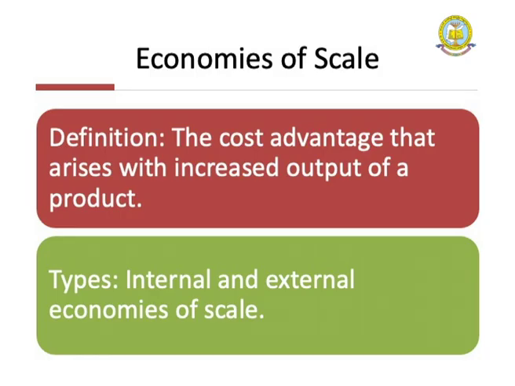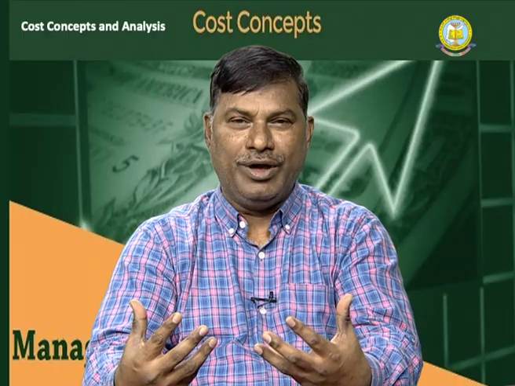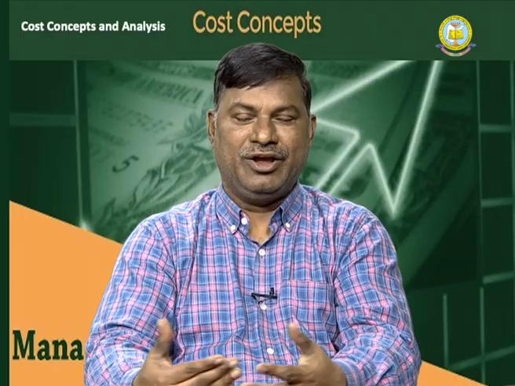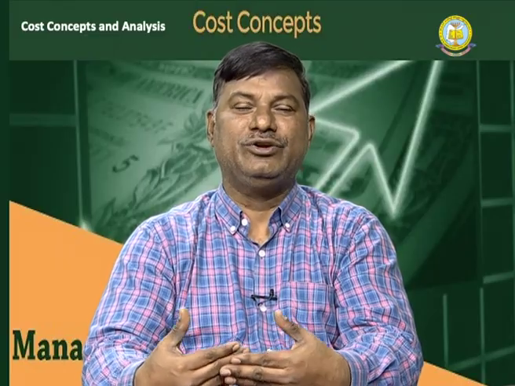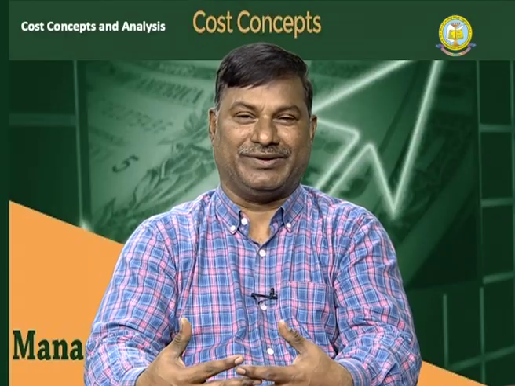Now economies of scale, what is this? With large scale production, you will have the advantage of incurring the lowest average cost of the resources. When you are incurring the lowest average cost of the resources, you are enjoying more profit.